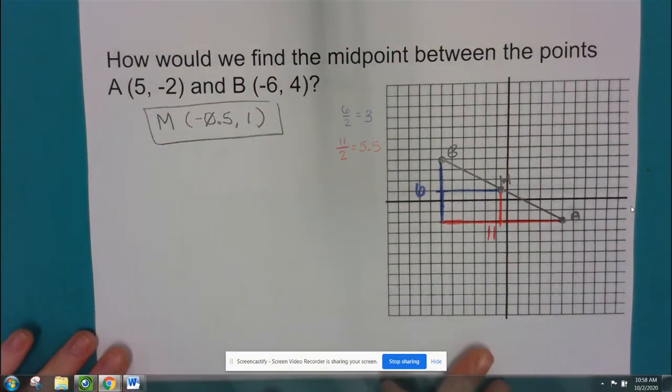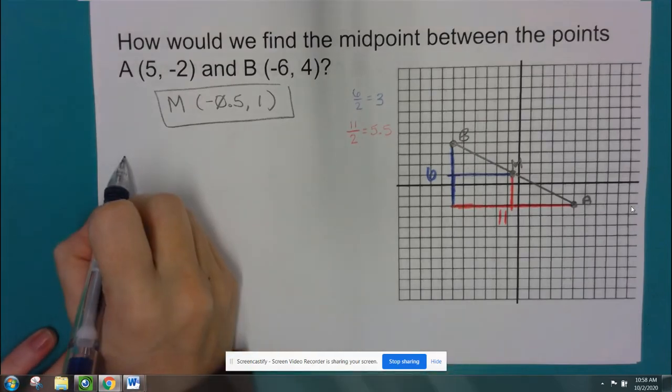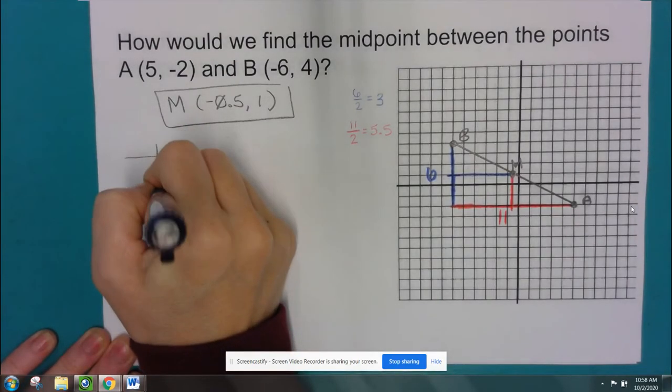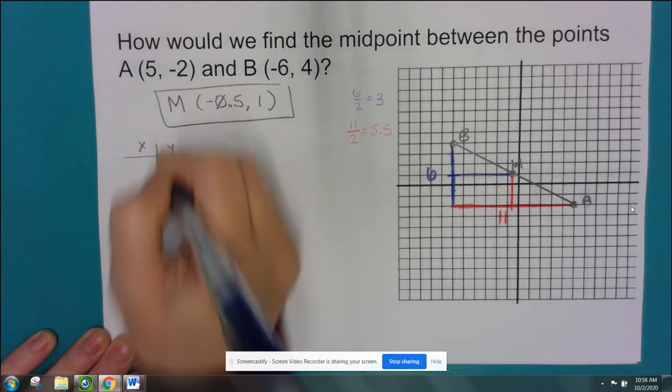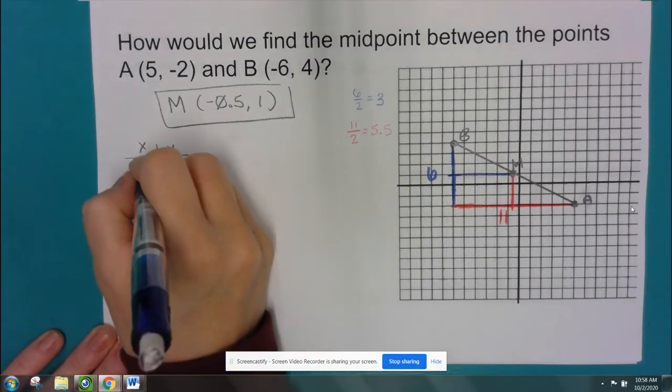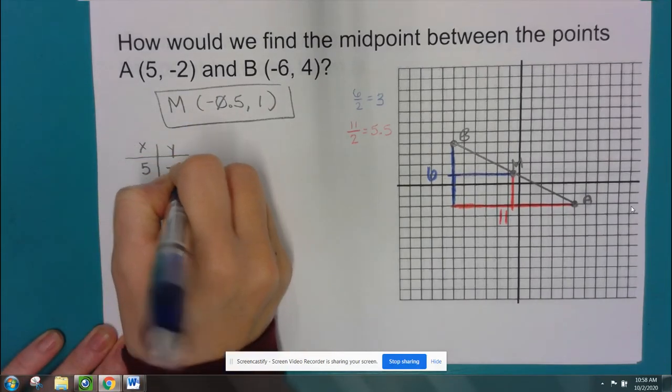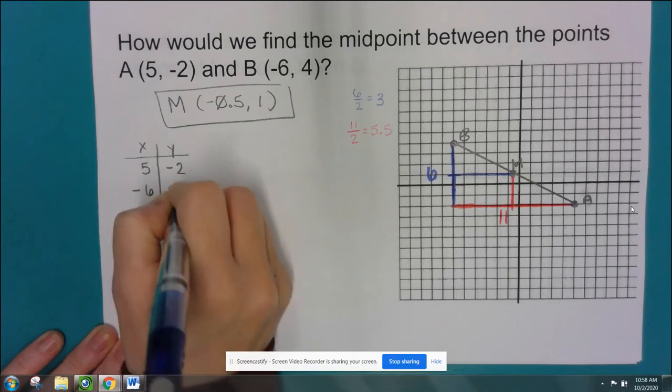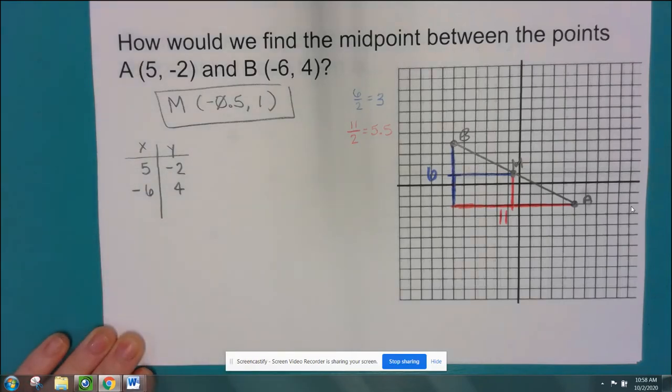Now again, as promised, I'm going to show you how to do this 3 different ways. The next way I'm going to show you is actually in a table. So I'm going to put A and B into a table. So 5, -2, and -6, 4. And I'm going to look at how much space is in between those numbers.